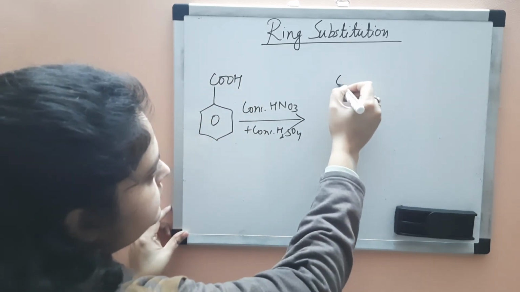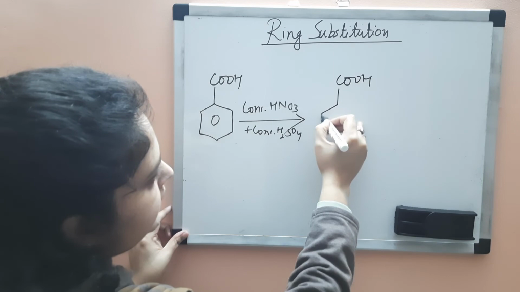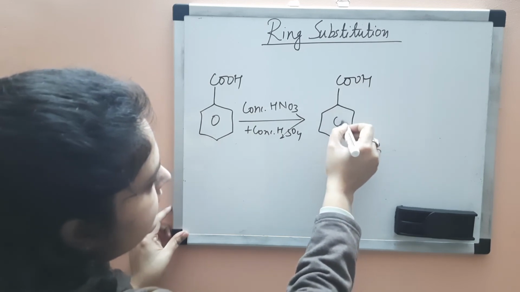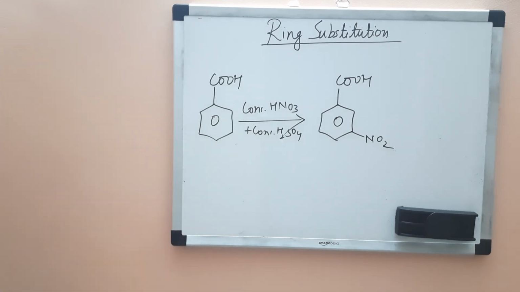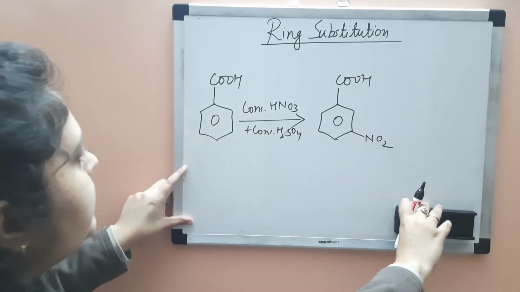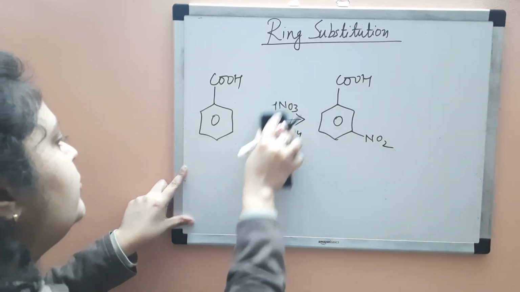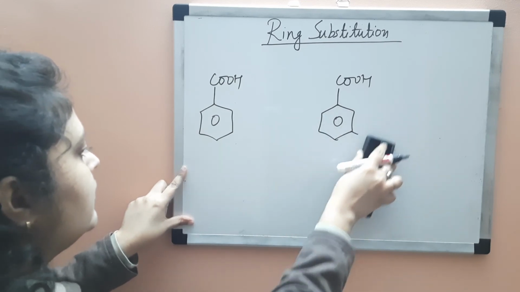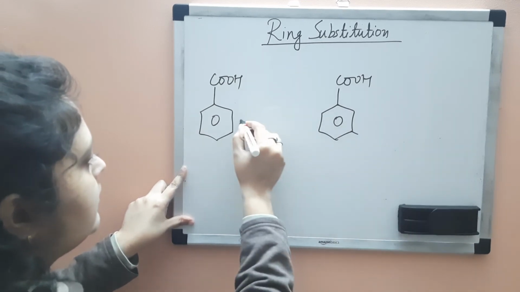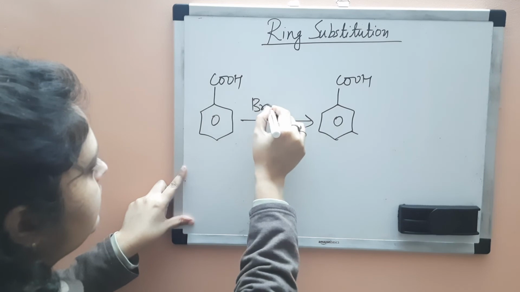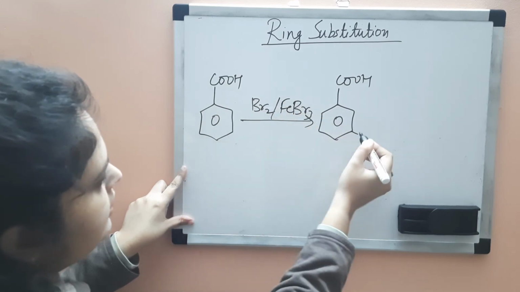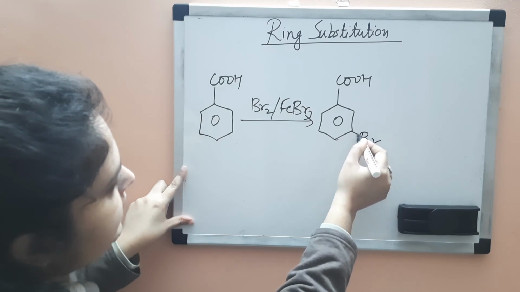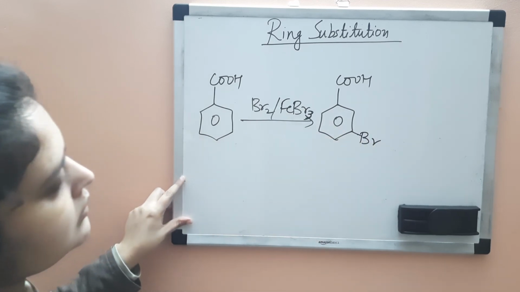So you will get meta substituted carboxylic acid, right? Similarly, if you do bromination, you add Br2 in the presence of FeBr3, then your bromine will get attached to what?